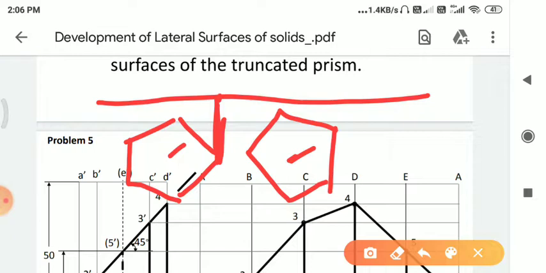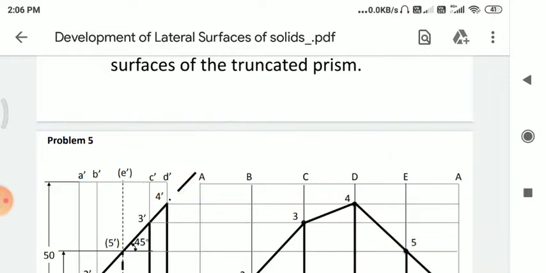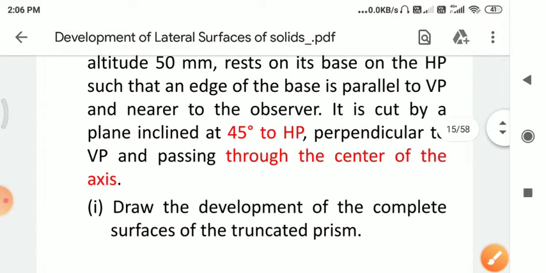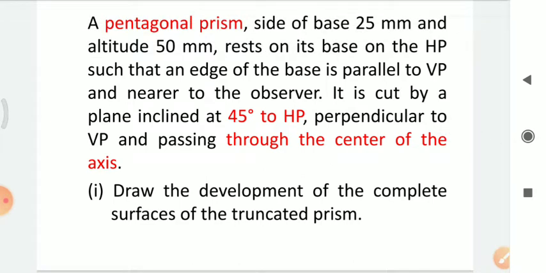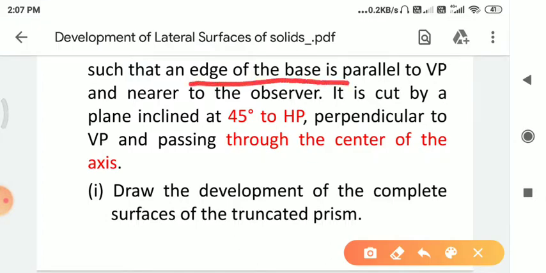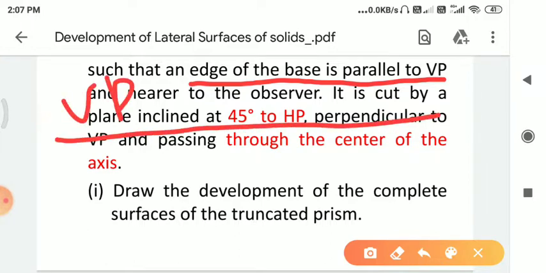They will explain how to keep the solid on HP, and they will usually mention it clearly, as it is mentioned in this problem. He says that the edge of the base is parallel to VP. That means if I draw the XY line, this is VP and this is HP.